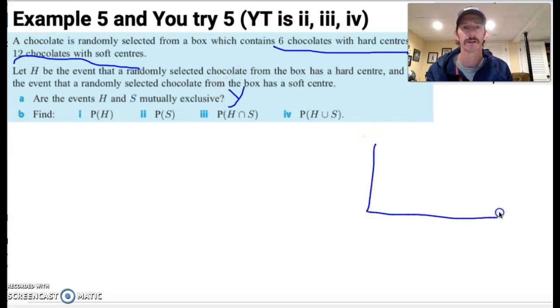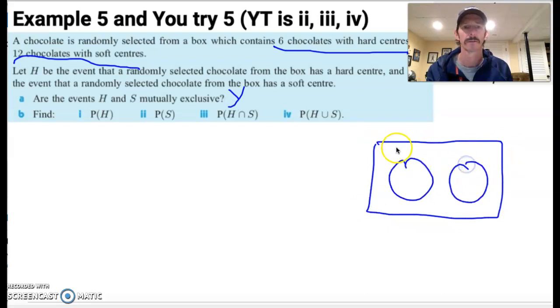So in my Venn diagram, I would have 2 circles that are not overlapped because I have 6 in here and 12 in here. And apparently that means I have no chocolates that weren't one of those 2.